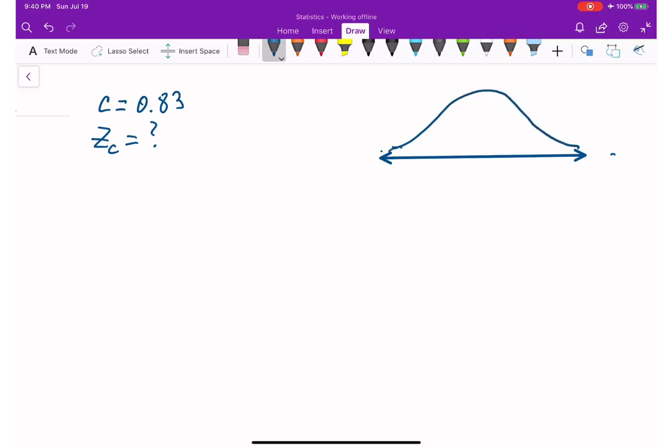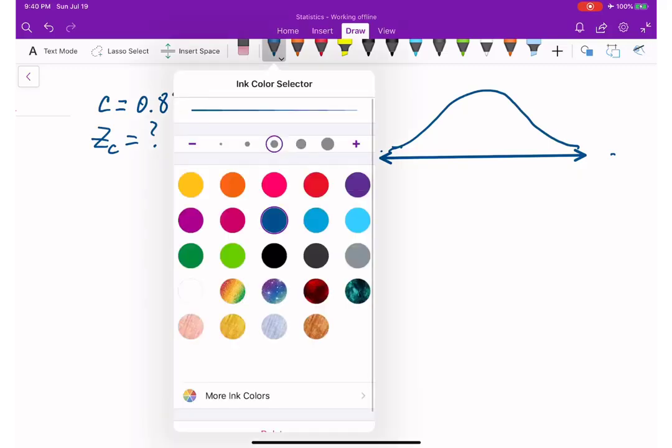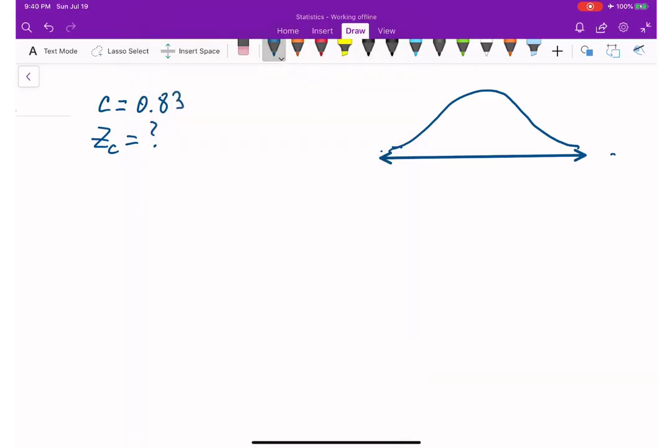Okay, not bad. So 0.83, let's assume it's this much, and we shade it.